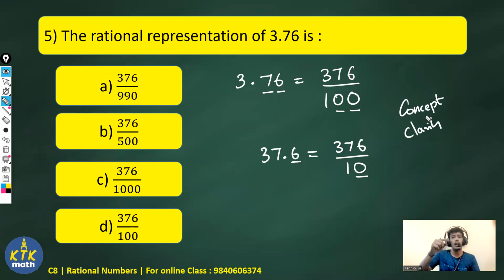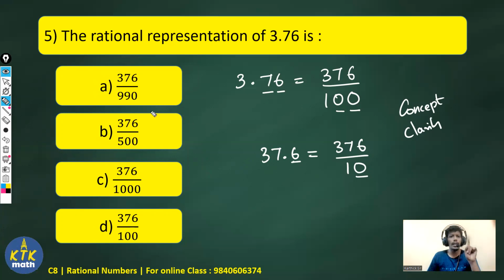Scroll down the playlist section and you will find it. In it, I have made one single video, around 20 to 25 minutes, on all the conversions: fraction, decimal, percentage, ratio. I request you to watch it so that you get complete clarity.